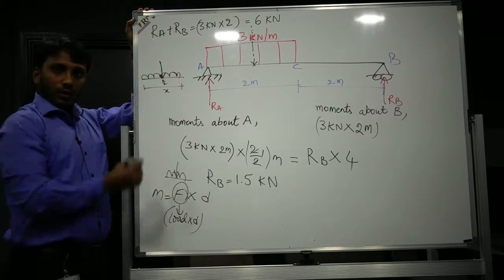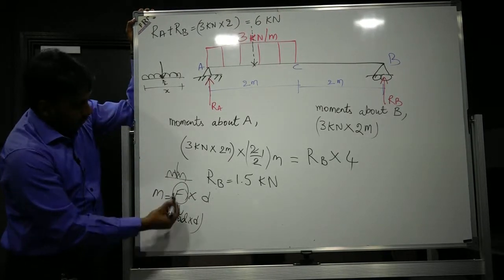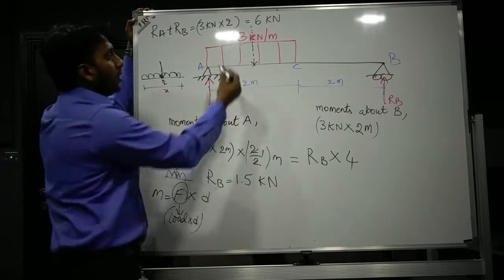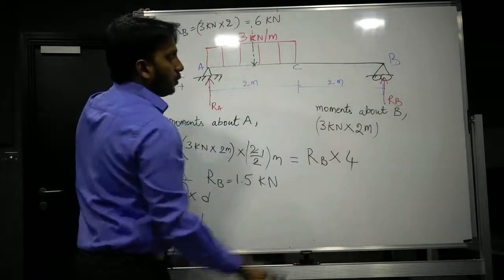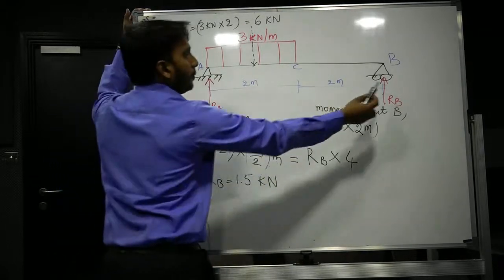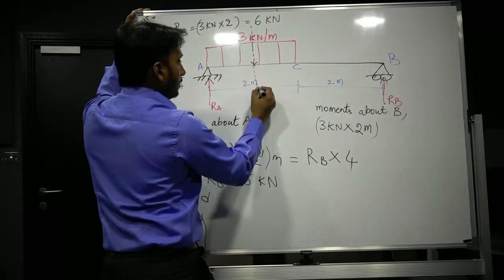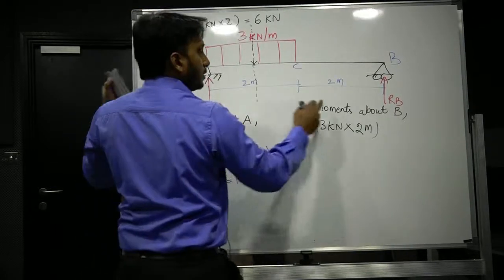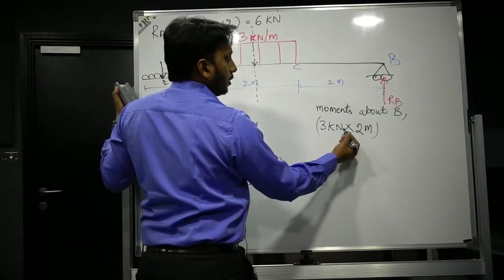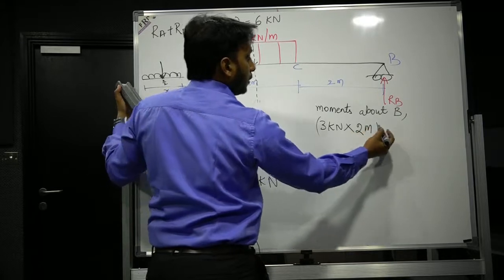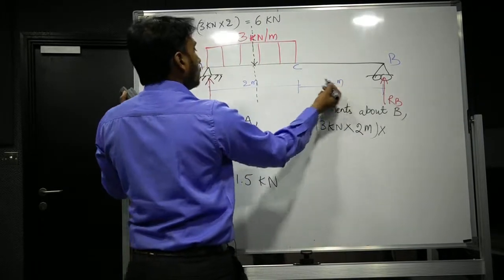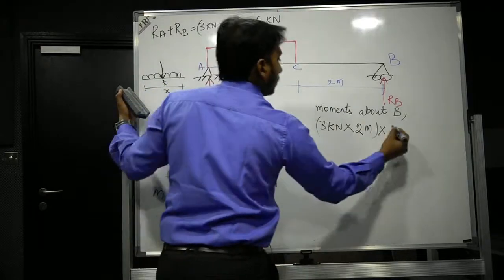If it is a point load, it is only force into distance. When it is a uniform load, the force is load into distance. So from B, the load acts at the center of the 2 meters, so the distance is 2 plus 1, 3 meters. Moments about B: 3 kilonewton multiplied by 2 meter, multiplied by 3 meter.